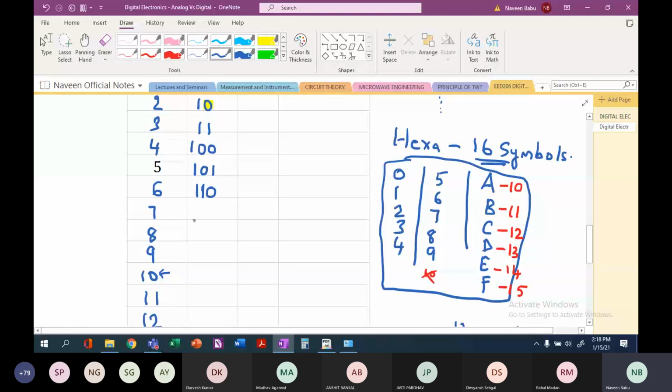Likewise, you can fill the binary number system here: 1 1 0 and then 1 1 1, and then you have to add 4 bits.